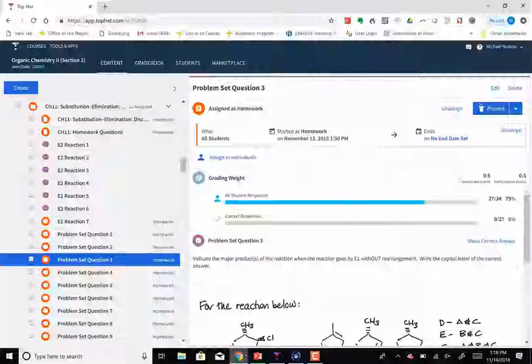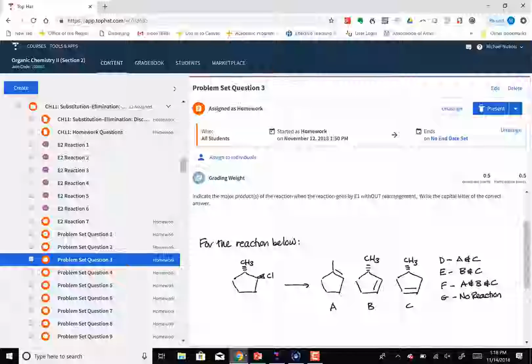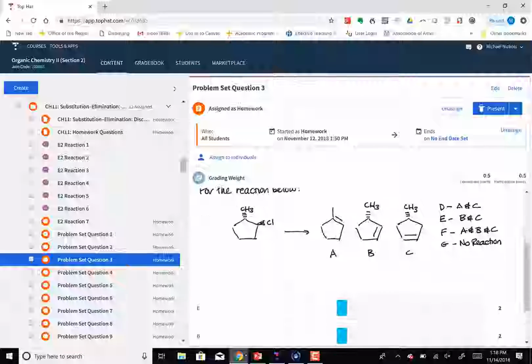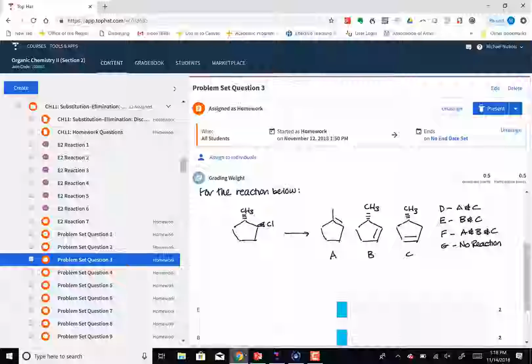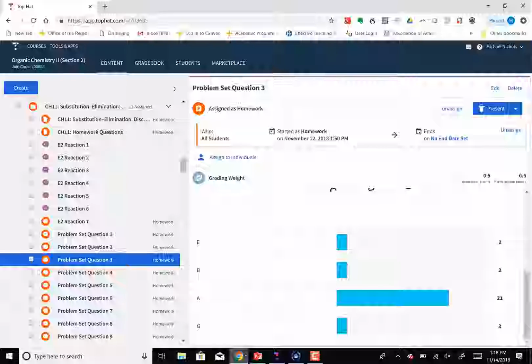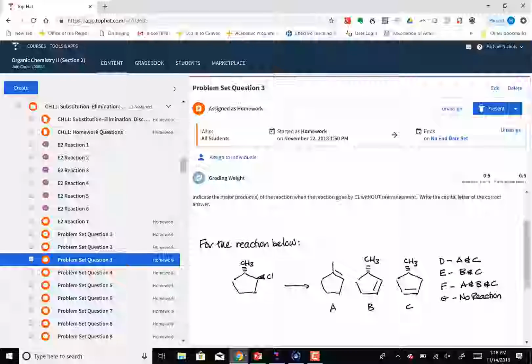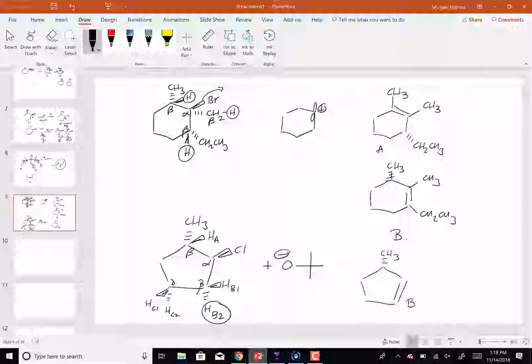No one got the next one right. E1 without rearrangement. Could be that the answer key is wrong. What was our most popular answer? A. Okay, without rearrangement, the most popular answer is A. Again, going back to that molecule, now I've changed it to E1.